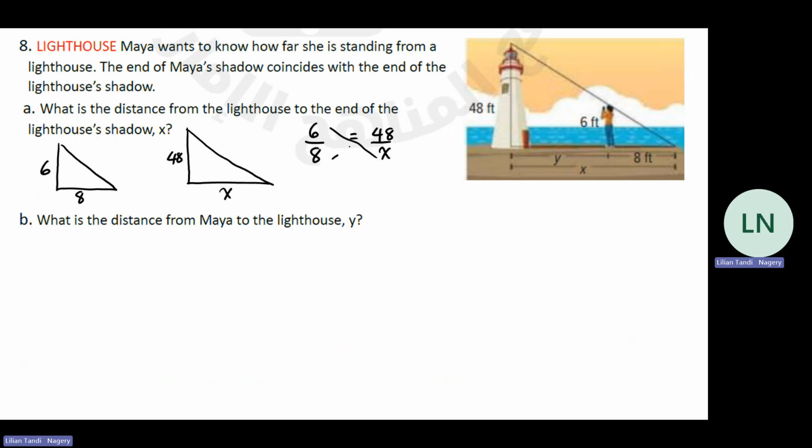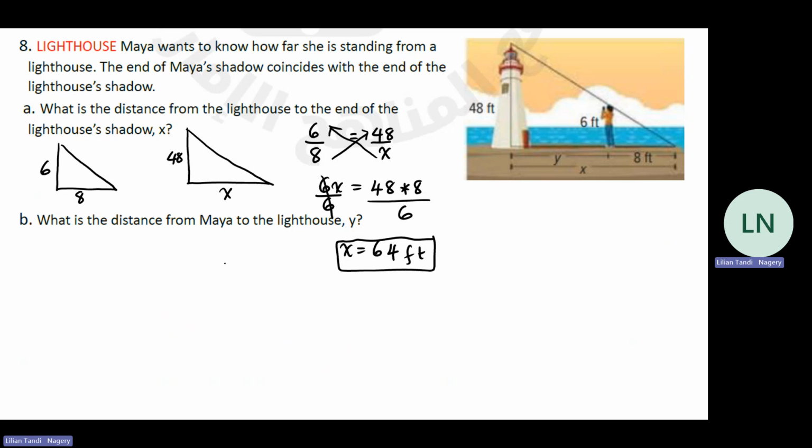Then I will do the butterfly method. So I have 6x equals 48 times 8. I'll divide by 6. X equals 48 times 8 divided by 6, which is 64. And do I have units? Yes, 64 feet. And I box my answer.